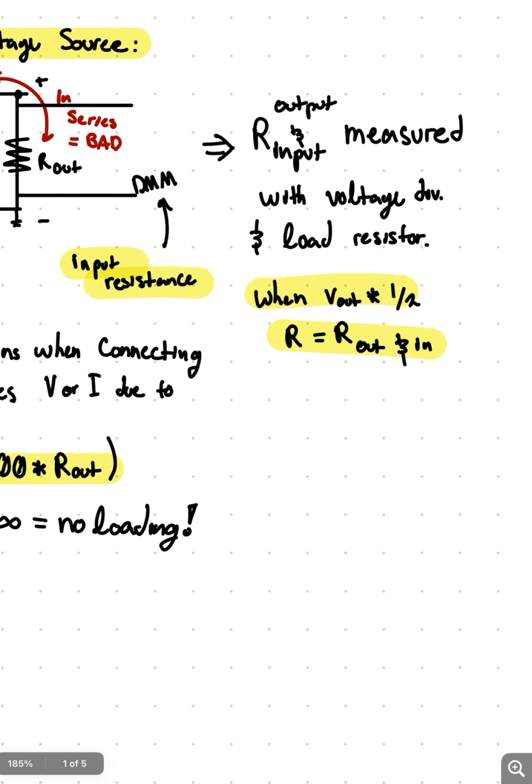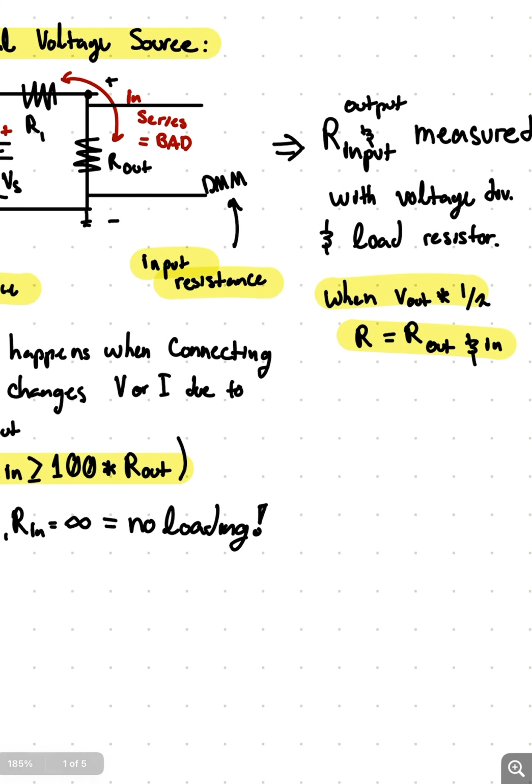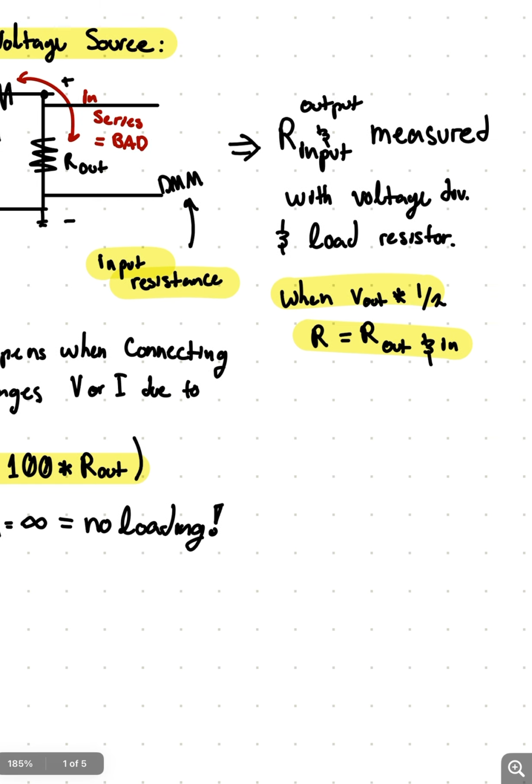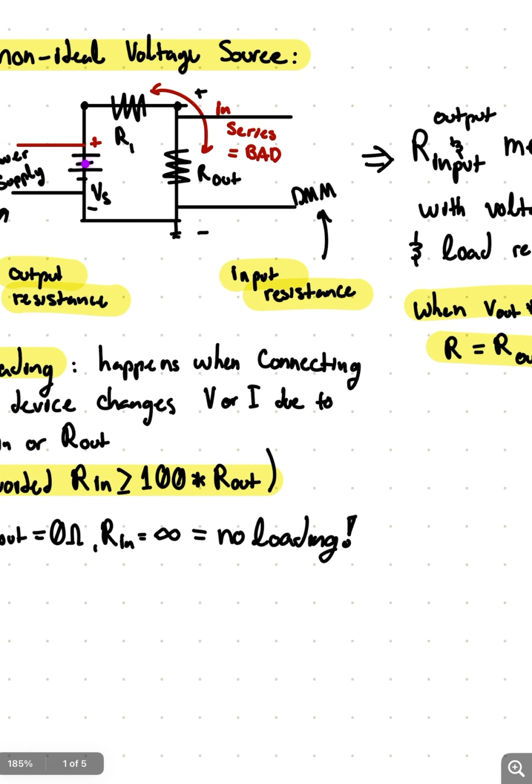And then we are going to test different resistors, and the one that basically gives us our V out as half the value. So let's say we're putting in 12 volts.